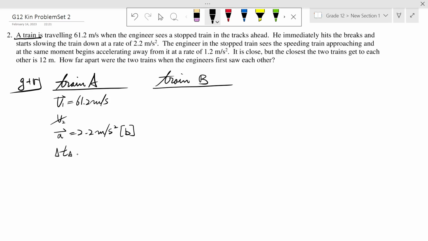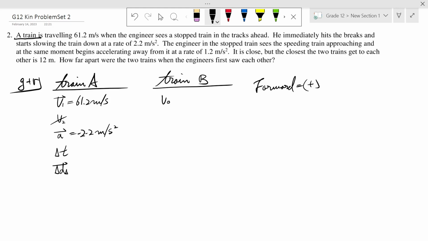Delta t: well, time is always the same, so I don't have to do any subscript for that. Delta dA, this is an important thing. Then my forward direction, all right, forward equals positive. Therefore, backwards is negative 2.2 meters per second squared.